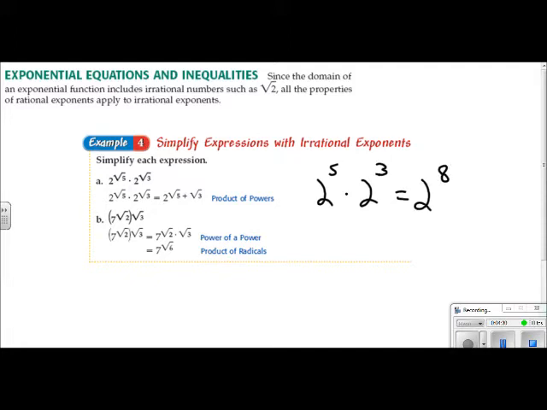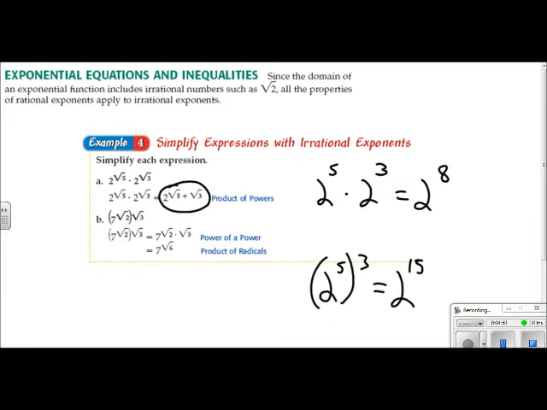So all we have to do here is add them up, and we get 2 to the power of root 5 plus root 3. Or, let's say we had 2 to the power of 5, that to the power of 3. We would just multiply them and get 2 to the power of 15.